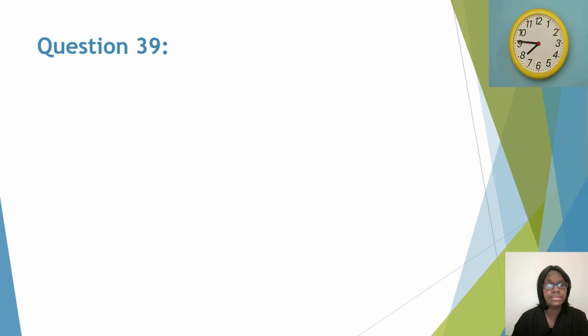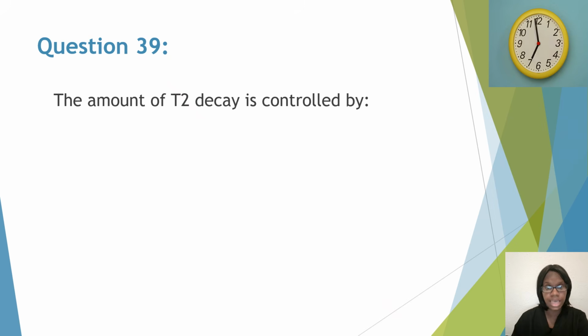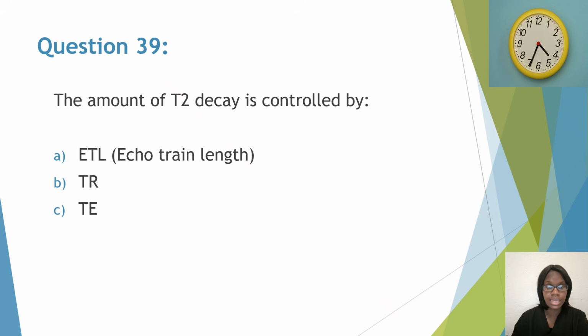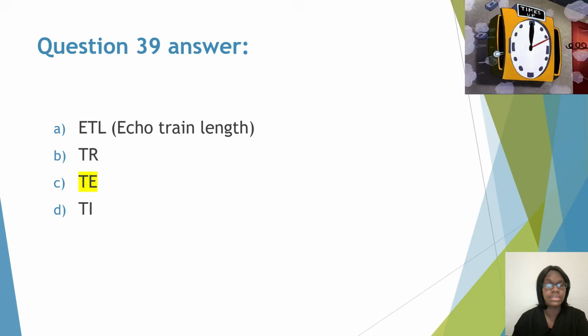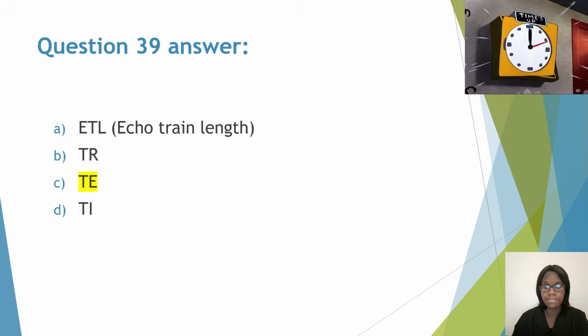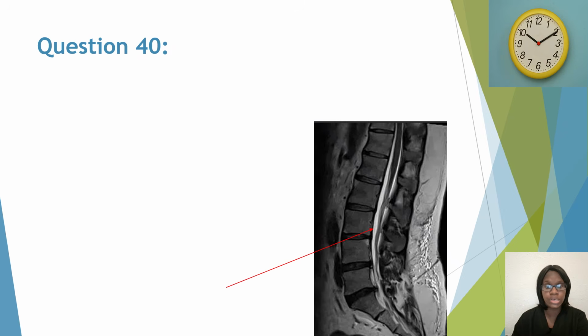Question 39. The amount of T2 decay is controlled by A, echo train length, B, TR, C, TE, D, TI. All right, the correct answer is C, TE. Question 40.